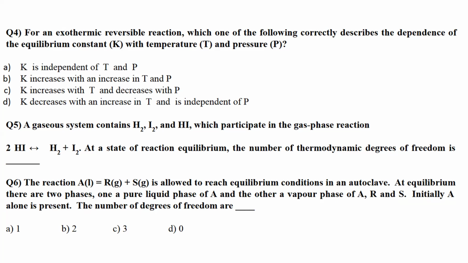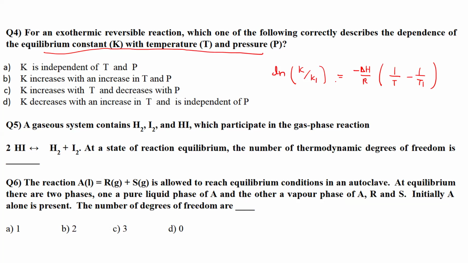So we have this equation, right? It is saying describe the dependence of K with temperature and pressure P. So I remember this equation, right? Ln K by K1 equals to minus delta H by R into 1 by T minus 1 by T1, right?